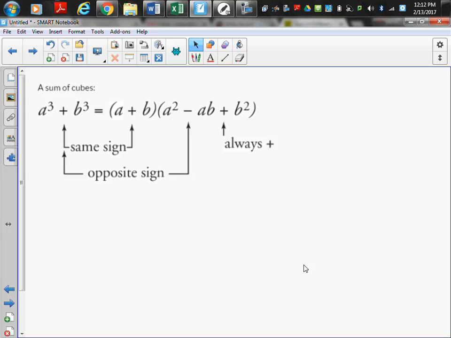Now, listen. This is the piece you have to memorize. So your first piece says A plus B. So you take the cube of the A and the cube of the B. So the first one is a binomial, and it has the same sign as what was in your cubes.